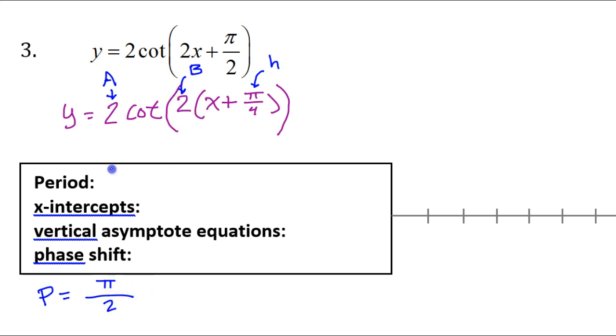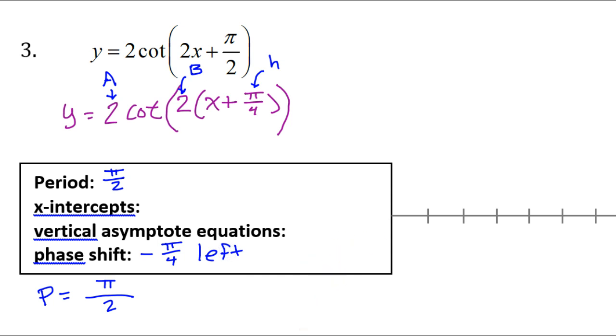So that immediately gives me a period of pi over 2. We will deal with the x-intercepts and the vertical asymptotes later. The phase shift is right here, though. It's the opposite of what it looks like, so it will be negative pi over 4, which puts it to the left.